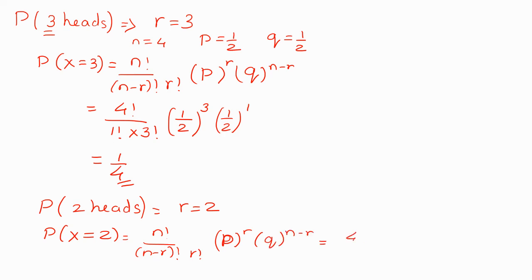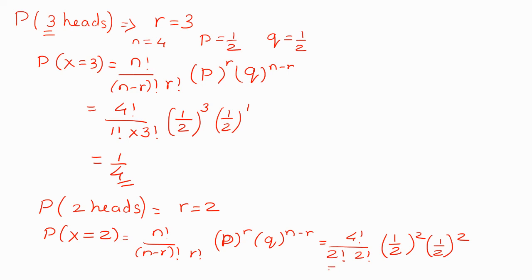So it will be 4 factorial upon 4 minus 2, that is 2 factorial, into r is 2 factorial, half raised to square, q raised to 4 minus 2, that is again 2.